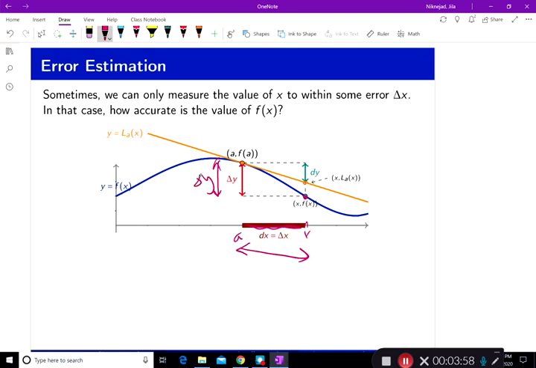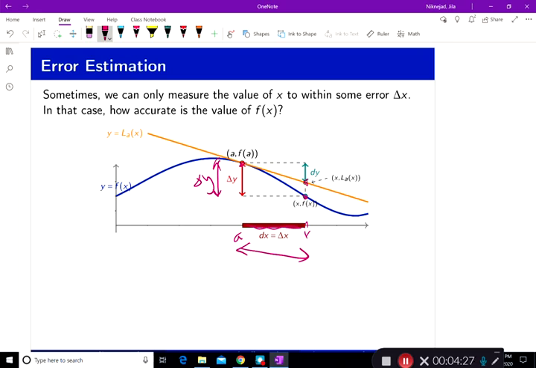But if I had any way to measure this correctly, we would not even be discussing it right now, right? So I want to approximate the error that I made. To do that, I use the tangent line at f of a. I say, if I had used the tangent line, I would have approximated this f of x value to be this value, L_a of x.